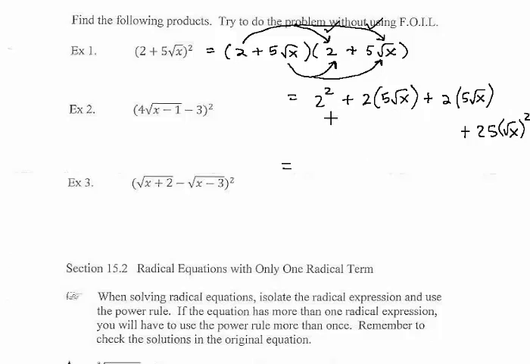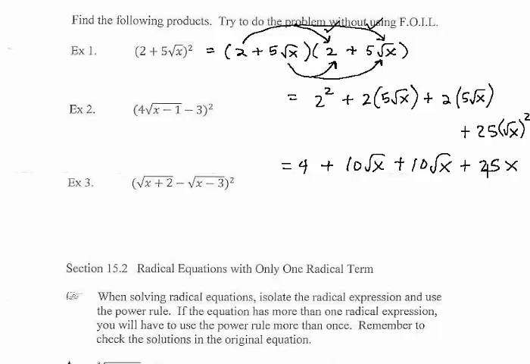Okay, now if we go back through and we clean this up a little bit, we will have a 4 from the 2 squared. We will have a 10 square root of x, and then another 10 square root of x. And then this will simplify to be a 25x. If we square a square root, then this radical and that 2 knock each other out.